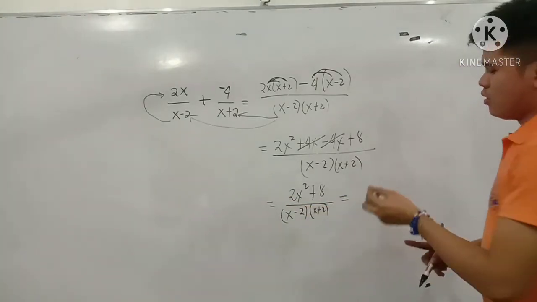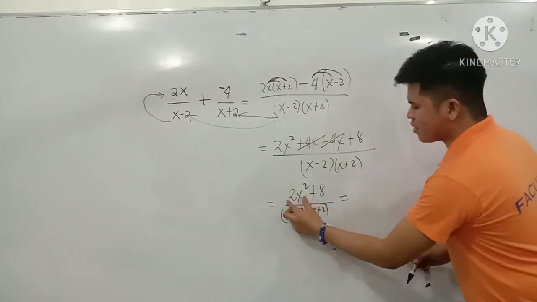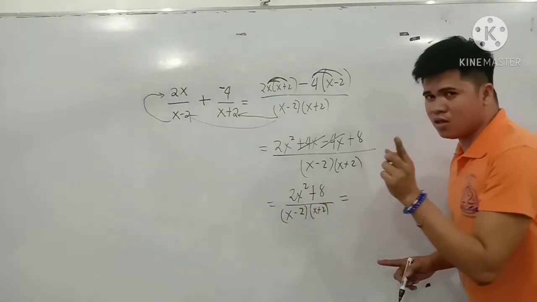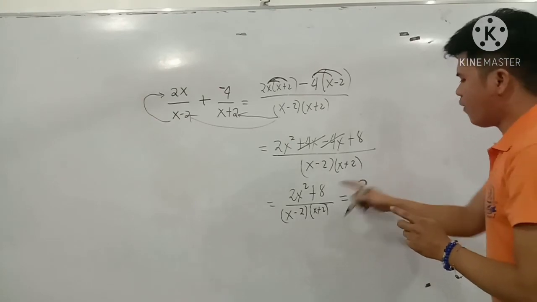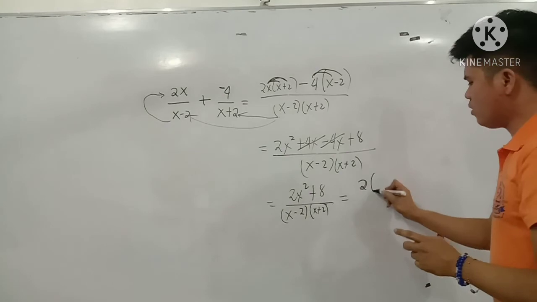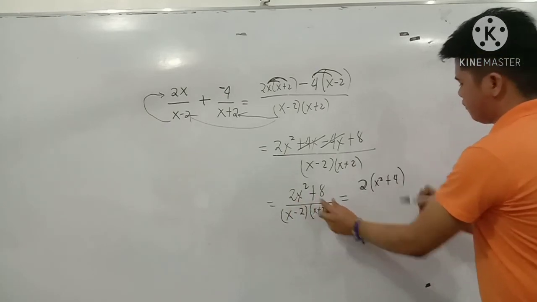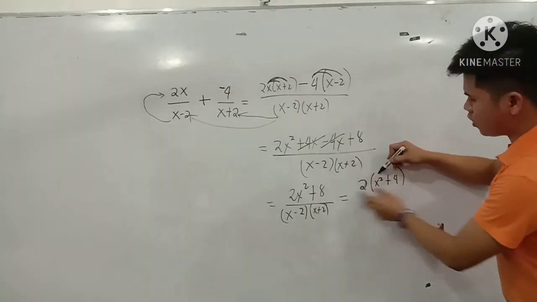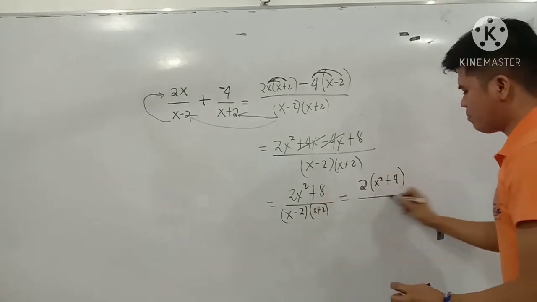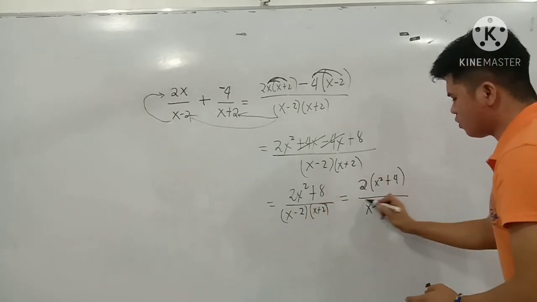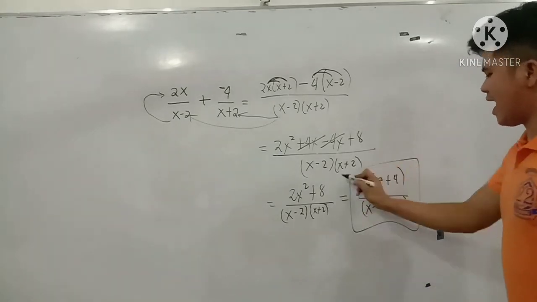Am I right? There is a common factor between 2x squared and 8. And that is 2. So that means we have to factor out the common factor 2. Then, simply we have here x squared, then plus 4. Am I right? 2 times x squared is simply 2x squared. 2 times 4 will give us 8. Then copy the denominator, x minus 2 and x plus 2. This is our answer.